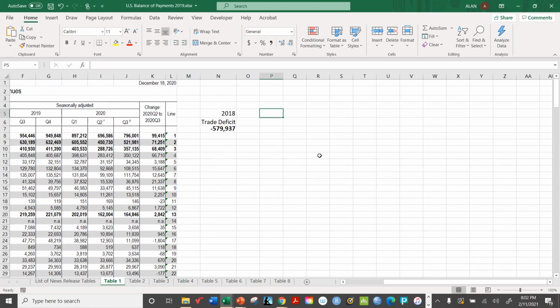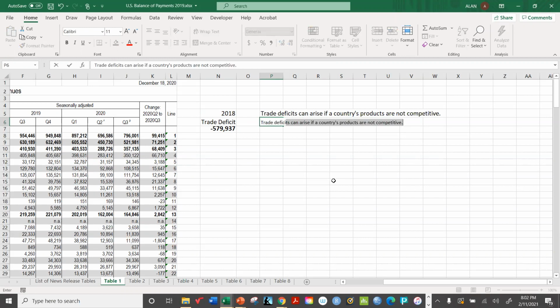Trade deficits can arise if a country's products are not competitive, by which I mean they're either not very good, or maybe they're too expensive, or the country can't make them very easily, and so they're too expensive. But another possibility is this: trade deficits can arise if a country is growing rapidly and therefore buys a large volume of foreign products.